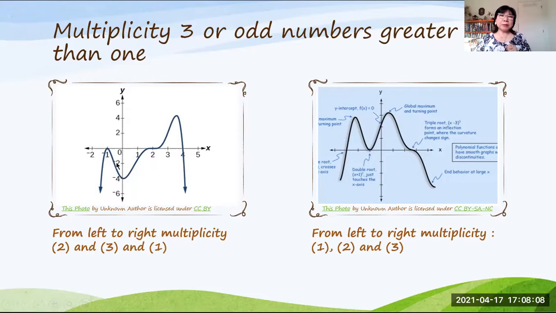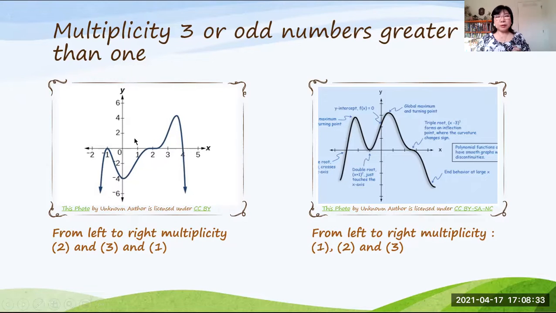Now let's count how many degrees for this function. Right here, we have degree 2. And then here we have degree 3. So 2 add 3 is 5. And then one more degree here, which is 6. So this is the x to the power 6 function. It has a leading coefficient.